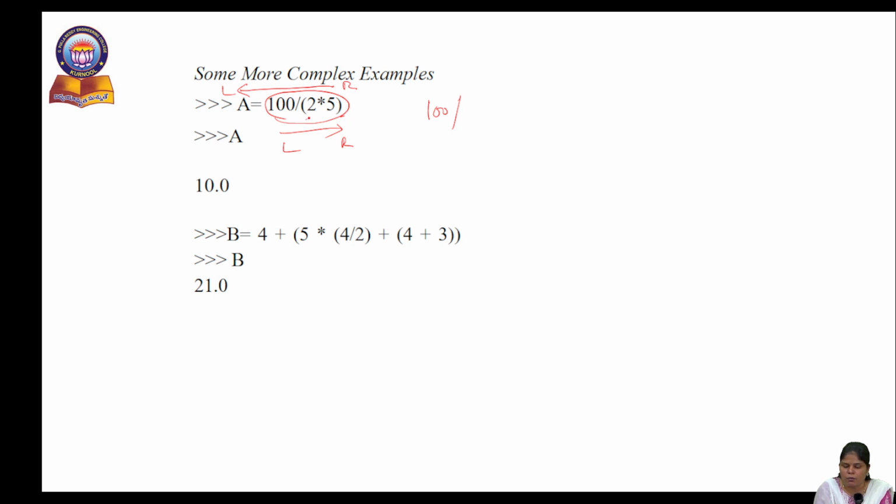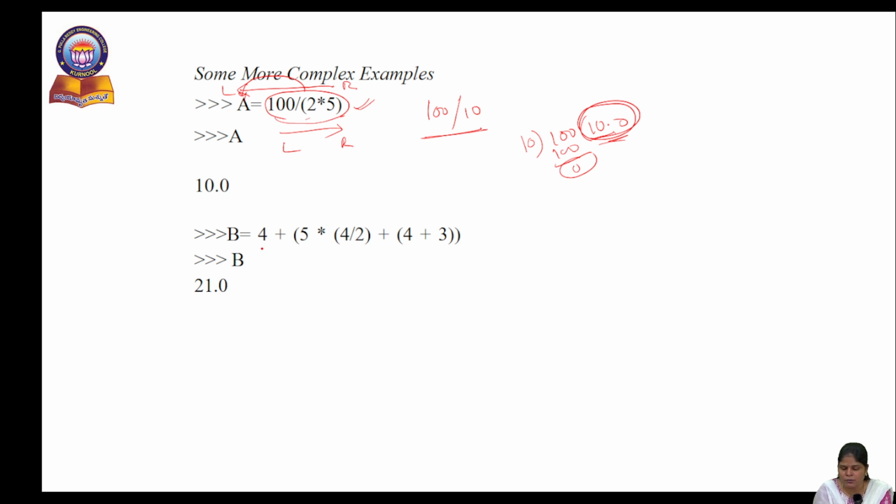What is the expression within the parenthesis? 2 into 5, the output is 10. So now 100 by 10, what is the quotient I get? 10.0. So the output is 10.0. After evaluation, the right side of the equal will be evaluated and assigned to A again. So within A, the output value will be stored.